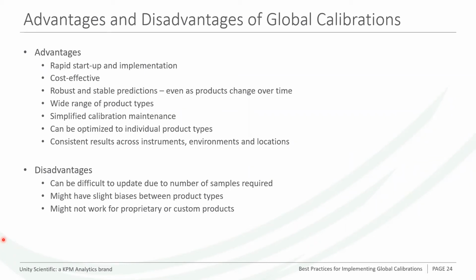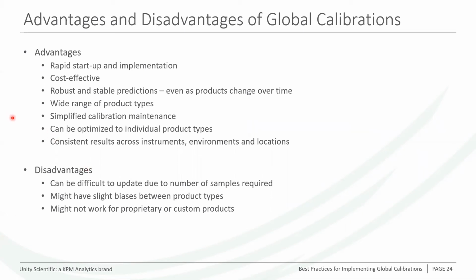They give excellent, robust, and stable predictions. Even if your products change over time, if you've got dry years, wet years, whatever happens, the very nature of a global calibration means that you're going to get very stable predictions. It covers a wide range of product types.